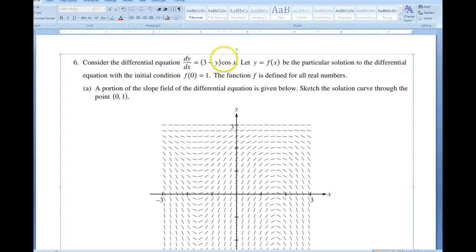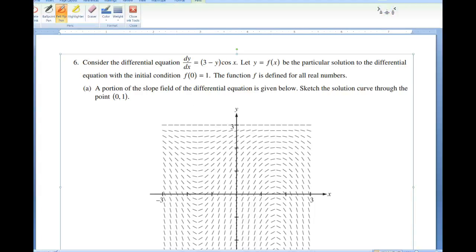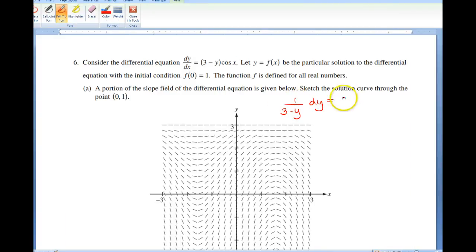Like where you separate the variables and you move the cosine, or leave the cosine, but move the 3 minus y to the other side. But this involves a u substitution. Does that sound familiar? Because I'll have 1 over 3 minus y dy equals cosine of x dx.